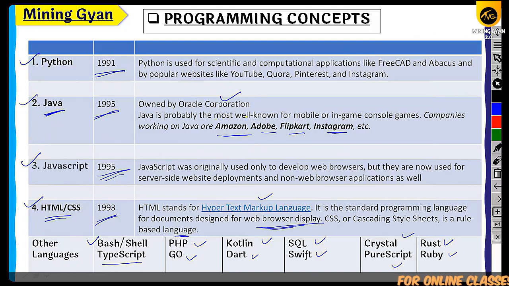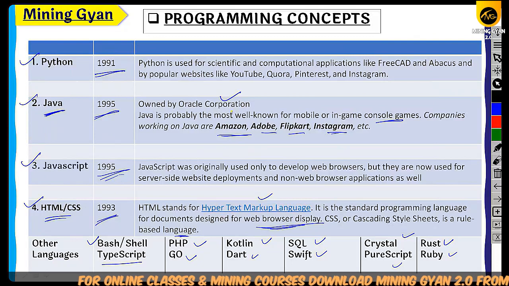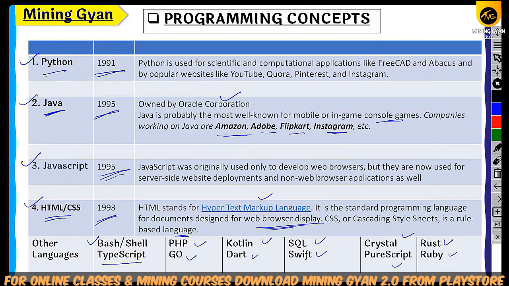Java is probably best known for mobile or console games, and social networking sites also use Java. ओके, नाउ द पाइथन प्रोग्रामिंग लैंग्वेज यूज्ड बाय यूट्यूब, कोरा, पिंटरेस्ट एंड इंस्टाग्राम आल्सो. Python is also a kind of scientific programming language.